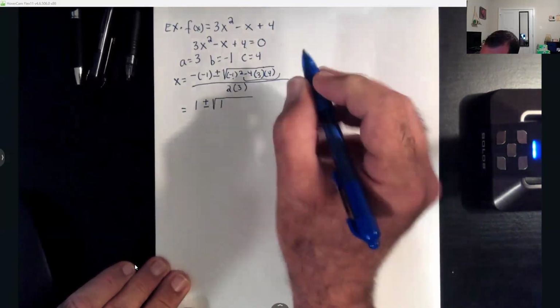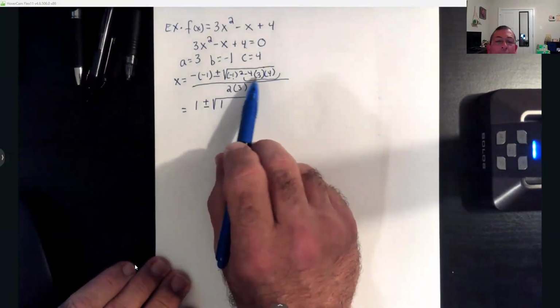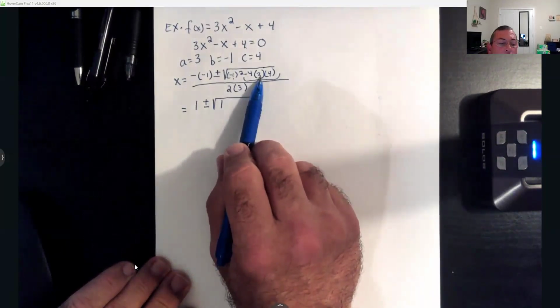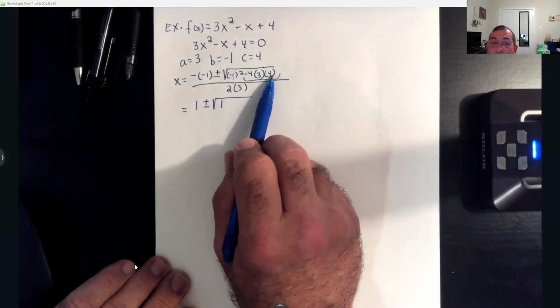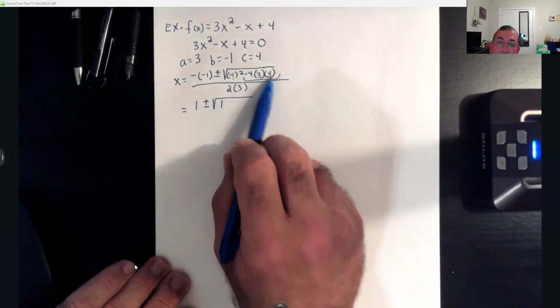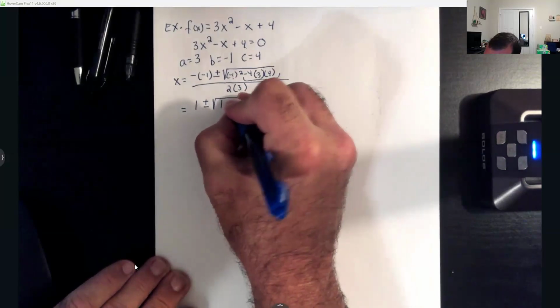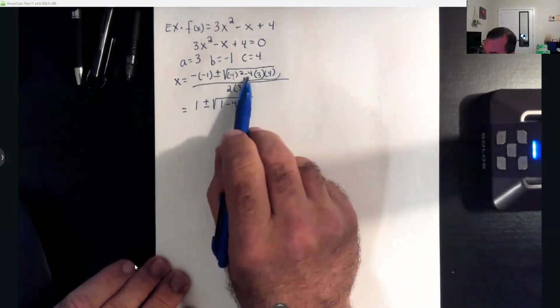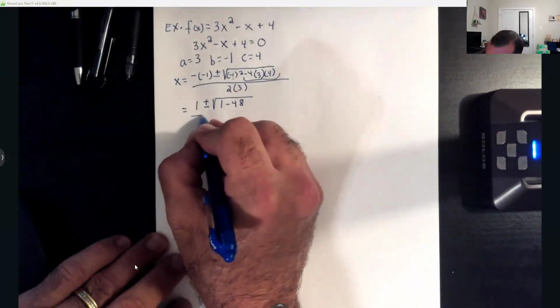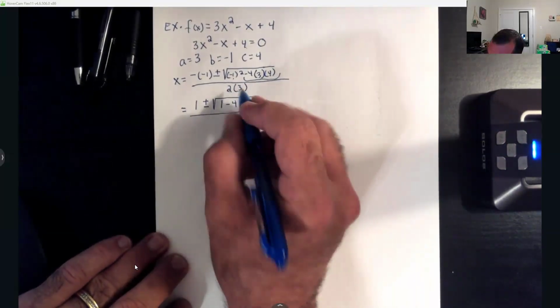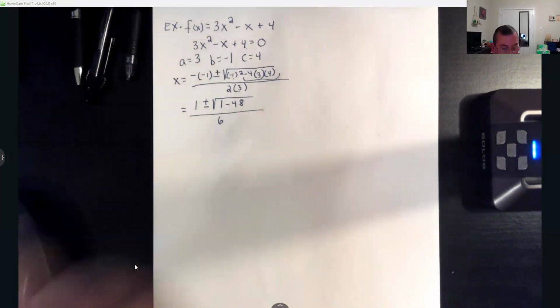All that's being multiplied. -4 times 3 is -12. -12 times 4 is a -48. So if there's just one negative over here, it will stay negative. And y'all, all that's over 2 times 3, which was 6.